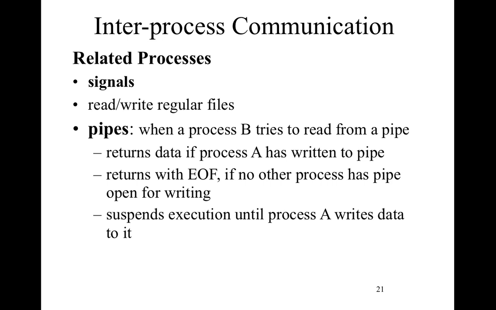They send information back and forth. So process B tries to read from a pipe. It returns data if process A has written to the pipe. It returns end of file if no other process has the pipe open for writing, nothing in there, or it suspends until process A writes data to it.